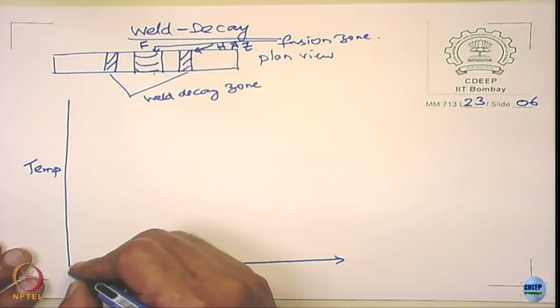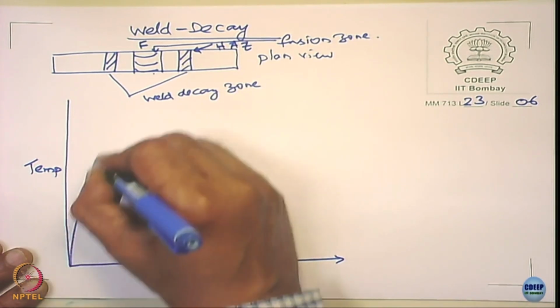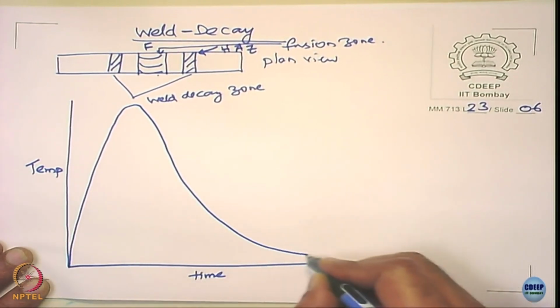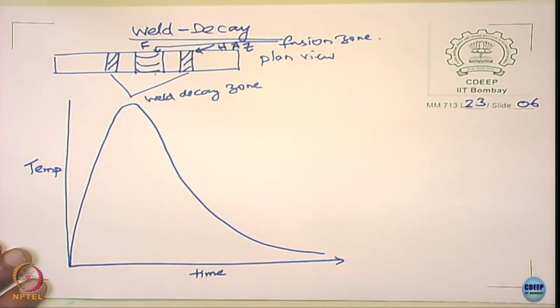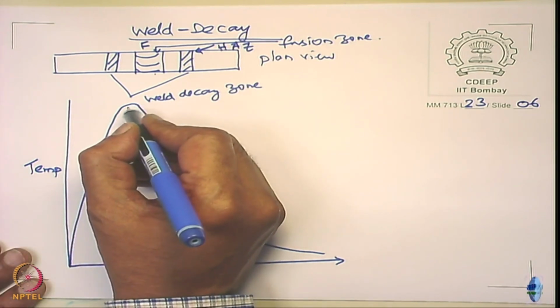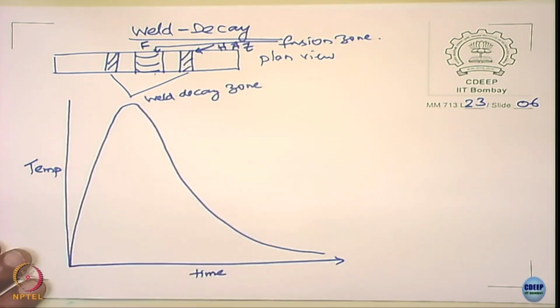So what happens now? The temperature shoots up, something like that, right? What is this temperature? It is well above the melting point of the alloy that we are talking about, 1600 and beyond.